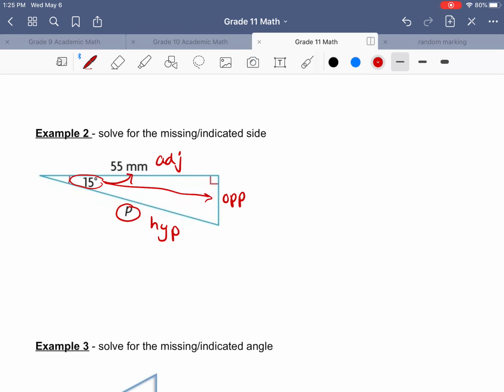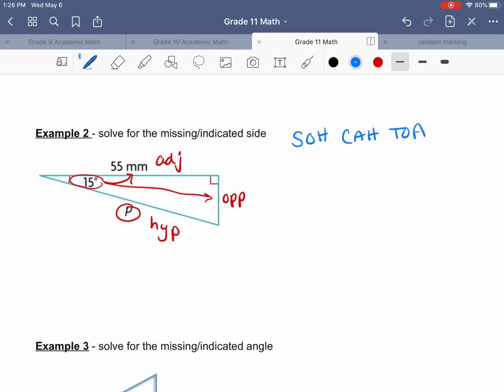So remember, the hypotenuse is the longest side, always across from that 90-degree angle. It doesn't really relate to the position of the reference angle. So we are now going to decide which trig ratio we should use. So again, we're thinking about SOHCAHTOA.